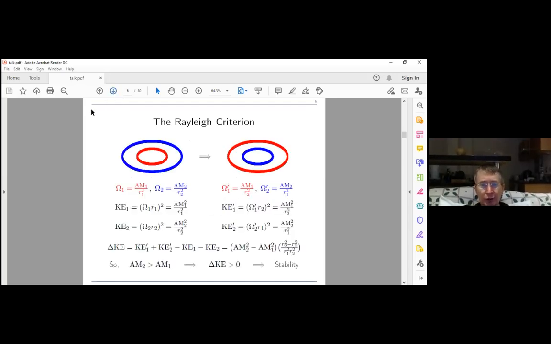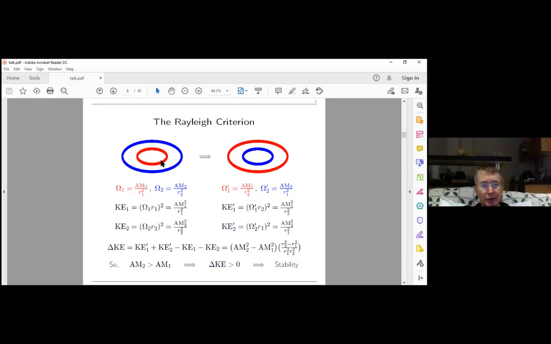Well, here very quickly, just sketch where the Rayleigh criterion comes from and why it is not relevant once you add magnetic fields. So I'm not going to go through all the algebra here, just explain in words what we have. Suppose we have these two fluid rings here, indicated by red and blue.